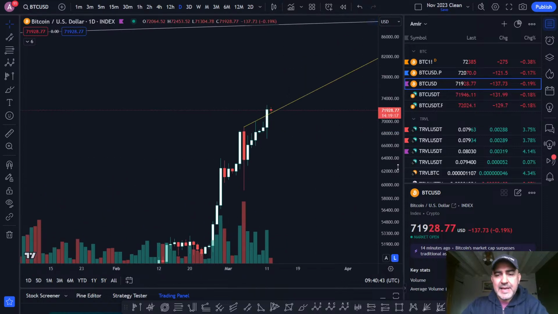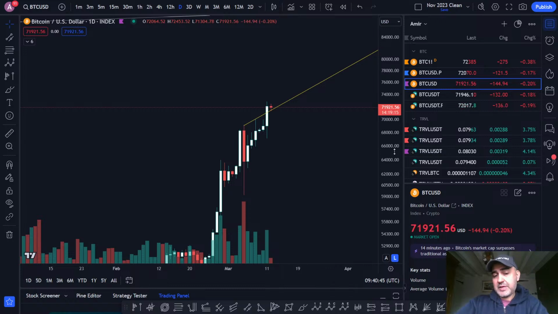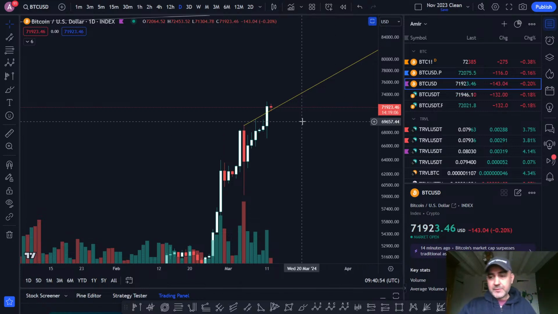Oh, it's a really good daily candle yesterday, huh? I mean, it's a strong candle. Very strong candle. Today's candle is going to be important.